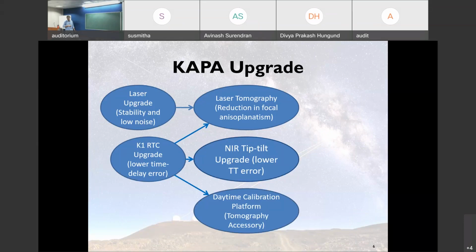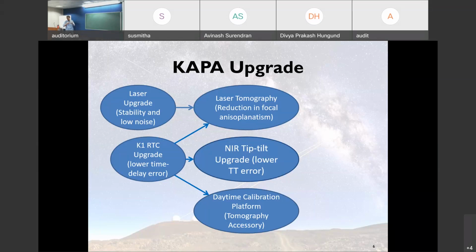I think we had a dye laser, which was very expensive, prone to leakages, and was very expensive to maintain in terms of labor also. And that has been upgraded to a Toptica laser. This is at 22 watts, and it gives us enough power to split the laser into 4, so that we are just using one laser.